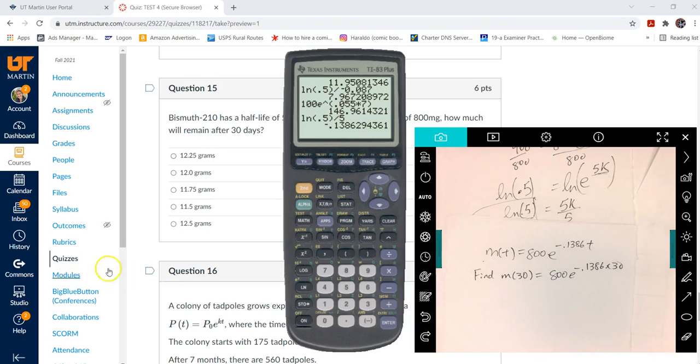So that's what I'm going to put in my calculator. 800, then the second and the ln key, negative 0.1386 times 30. Enter. Okay, so about 12.5.